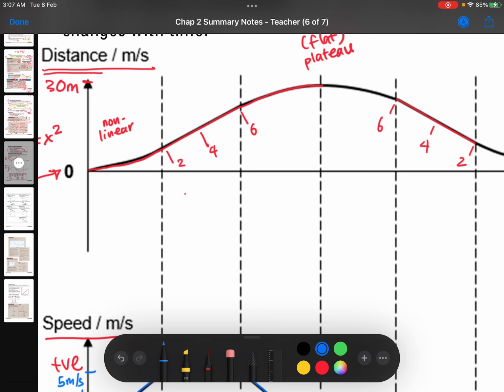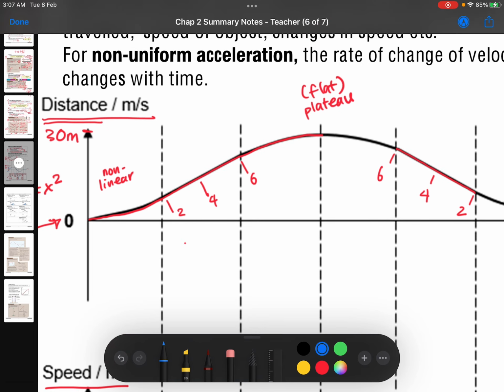It's just like this part at the plateau is like the top of the ping pong ball. Remember, one of your students actually helped me demo the throwing of the ping pong ball. Once you reach the top, that's the highest point.